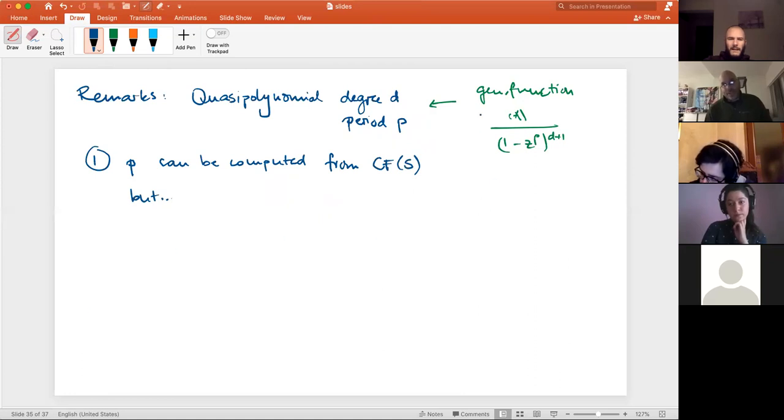But once you compute the rational function, once you specialize and compute this function, things might cancel, and things might cancel so much that whatever p you expected from the completely fundamental solutions actually at the end of the day doesn't end up appearing in your generating function. So watch out for cancellation.